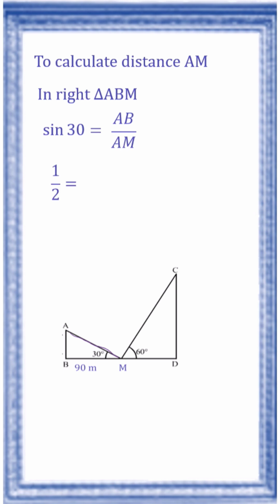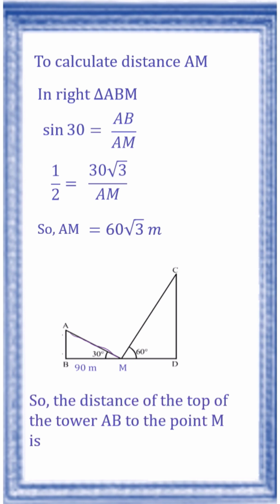AB we have already calculated, that is 30 root 3 by AM. So AM is equal to 60 root 3 meter. So the distance of the top of the tower AB to the point M is 60 into 1.7, that is 102 meter.